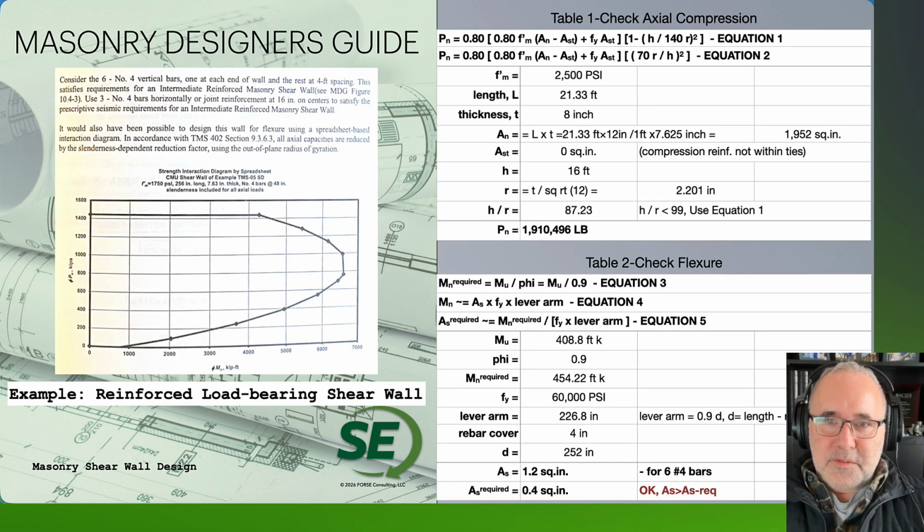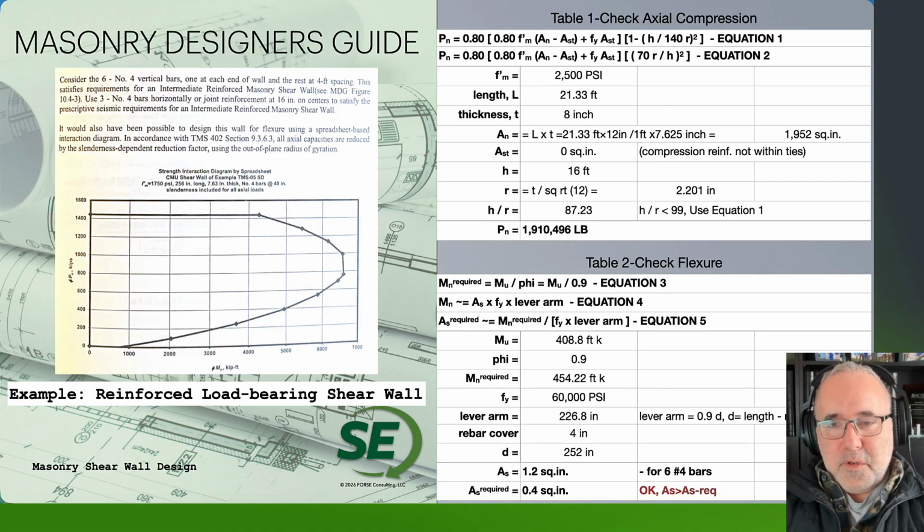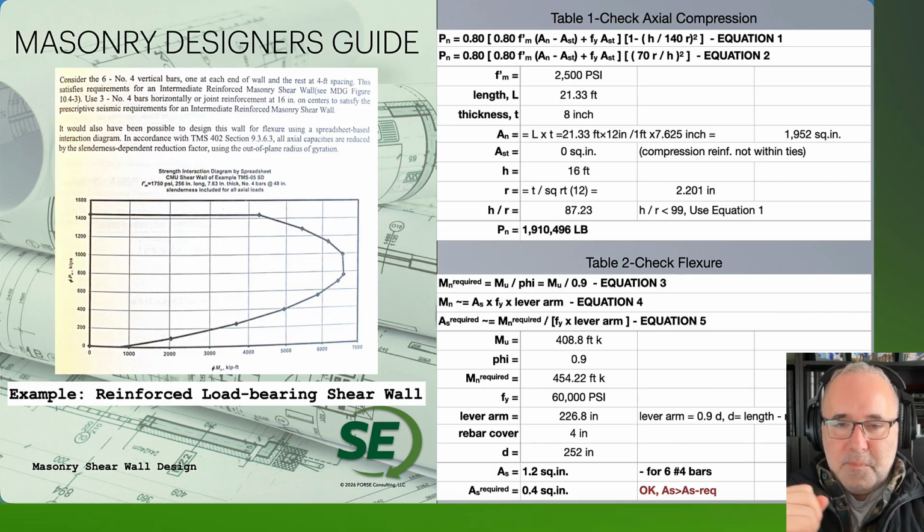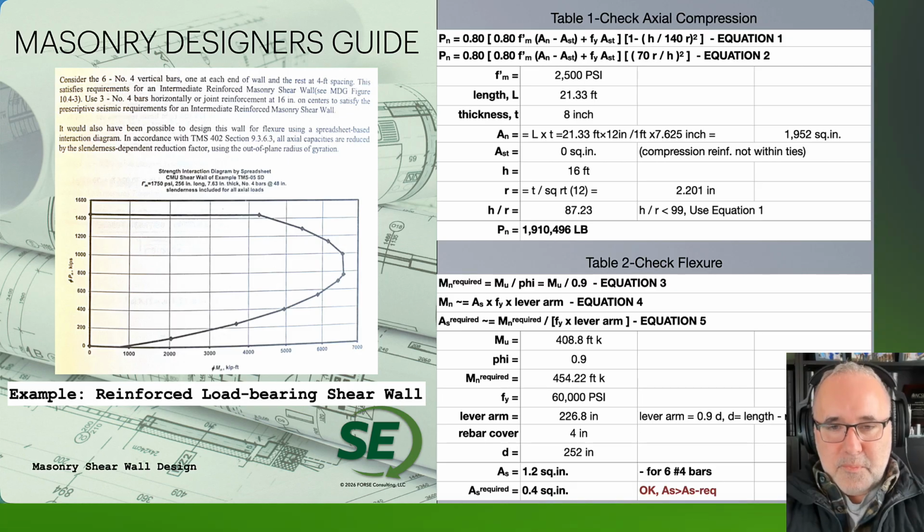So for that, we can do the axial compression check that we have in the wall. We can look at the different equations for capacity for axial forces. Our f'm for the wall, we're going to use 2,500 psi. We can see the overall strength equations for the design, and then we can look at the flexural capacity based on that axial force that you have in the design. Again, for the moment load of 408.8, phi factor of 0.9, Mn required is going to be 454.